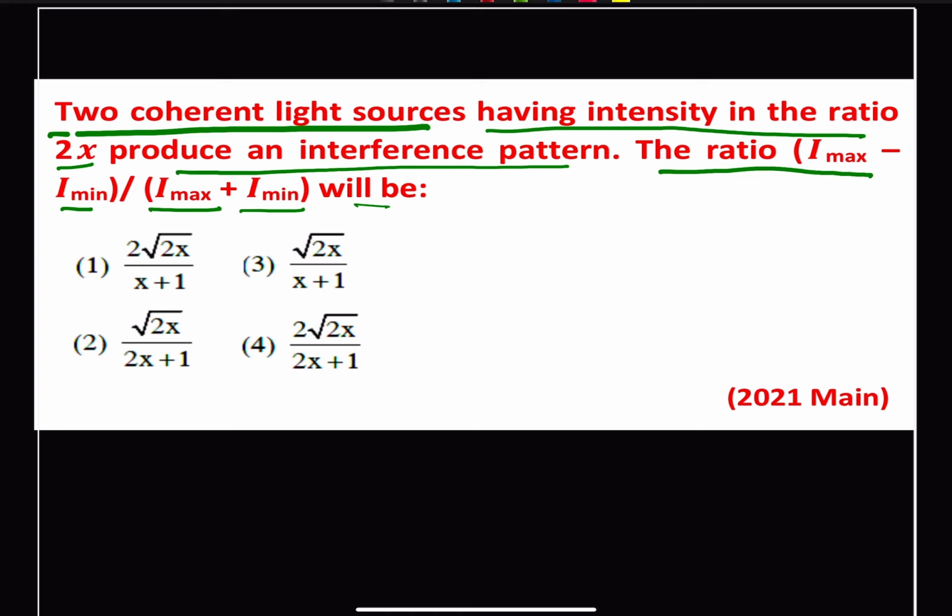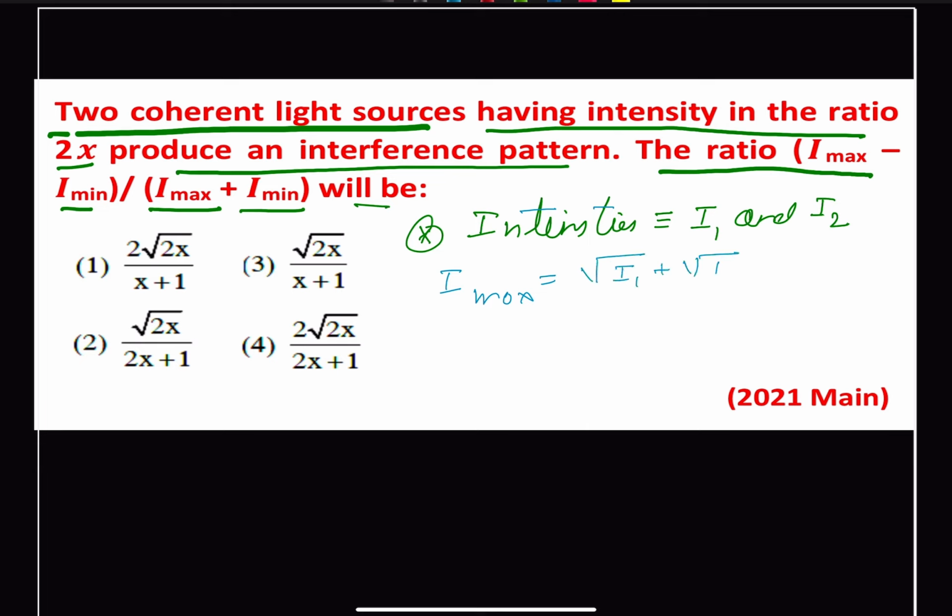And we already know that if we have two intensities, suppose the intensities are given as I1 and I2, then our I max will be equal to (square root of I1 plus square root of I2) whole squared, and our I min will be equal to (square root of I1 minus square root of I2) whole squared.